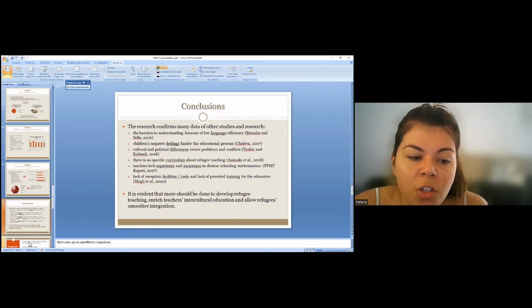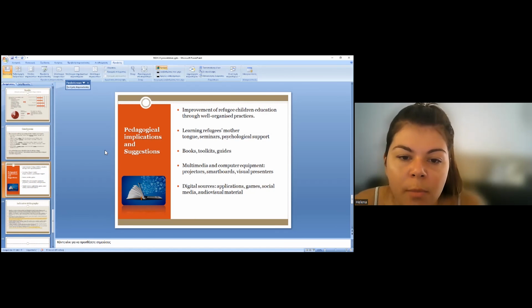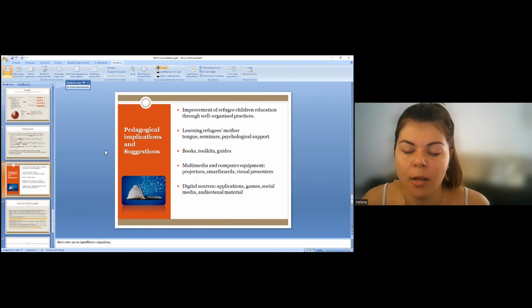Okay, so let me just move on to the last slide, which is this one. I've got some pedagogical implications and suggestions, because as I said, all these can definitely be improved by digital media. We can provide projectors, smart boards, visual presenters, so that learning and teaching can be more interactive and even more interesting for children.